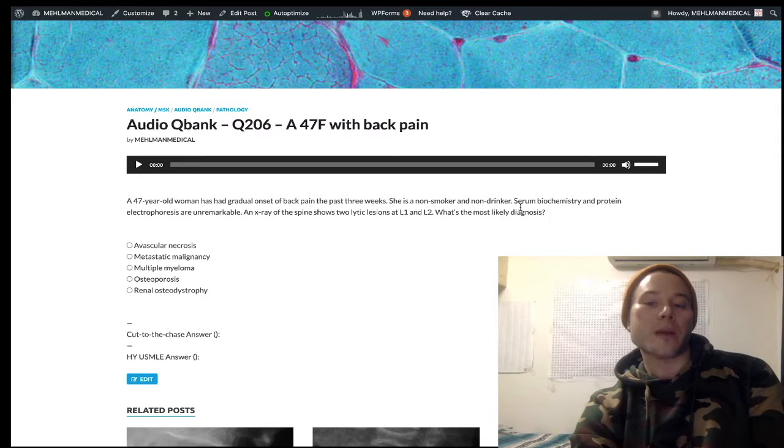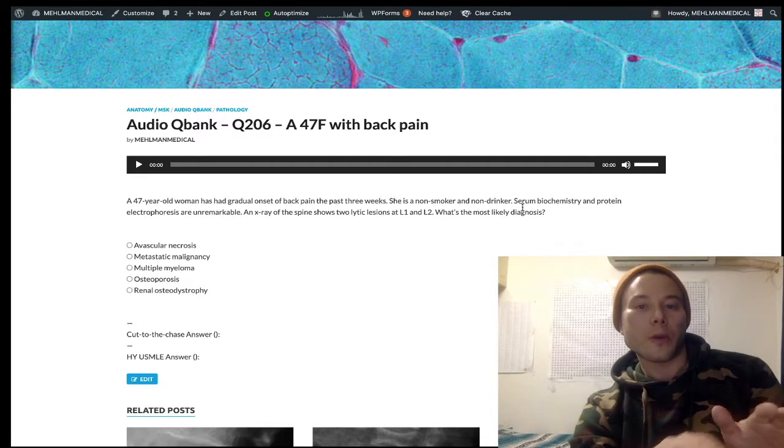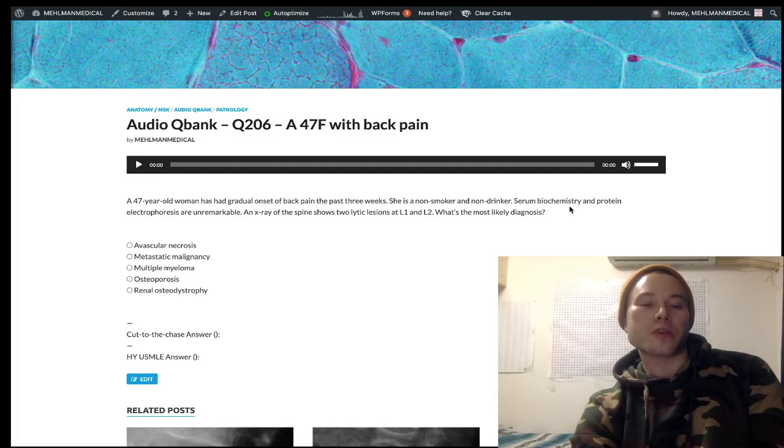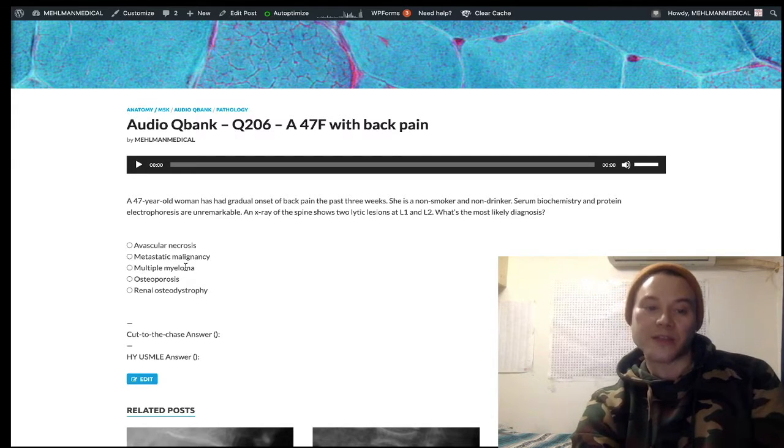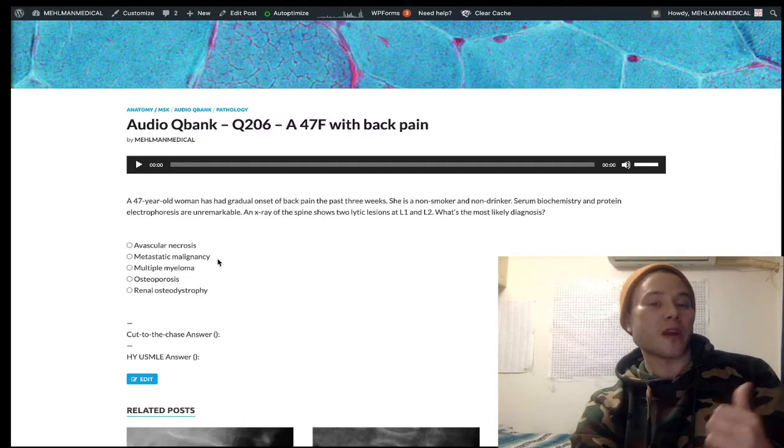I should also make a comment. This is a little bit tricky. The serum biochemistry, including electrolytes, is normal, but in both metastatic malignancy and multiple myeloma, calcium is classically elevated. So whilst we can say hypercalcemia is classic for multiple myeloma, and isn't that also a reason it's not the answer? Yeah, but for metastatic malignancy, truthfully, and I've made other questions on this, we do expect high calcium.